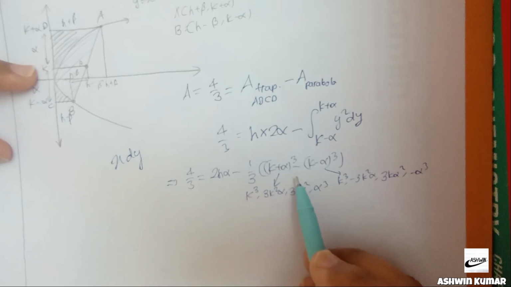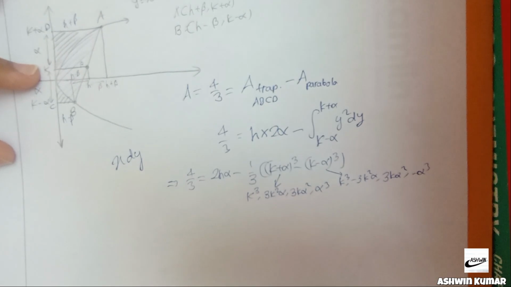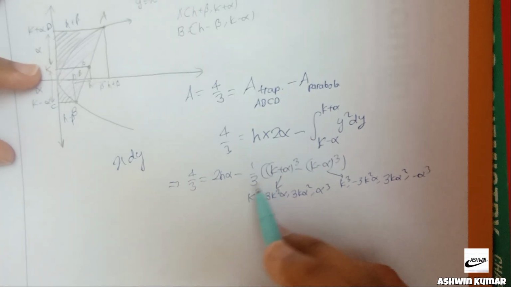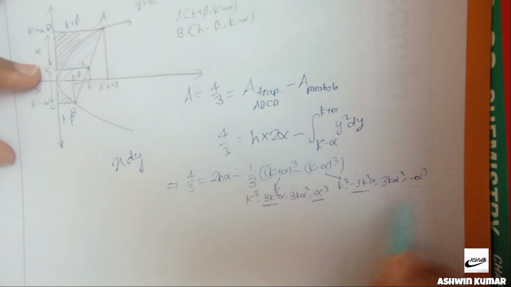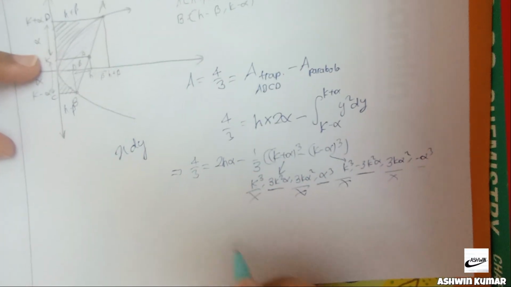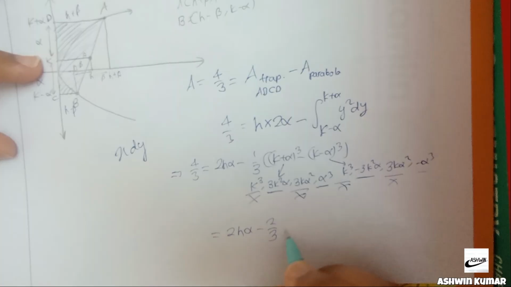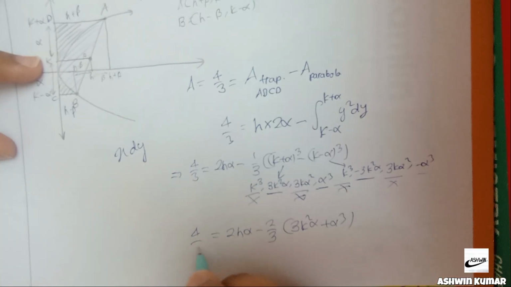Since there is a minus sign, the like terms cancel and the unlike terms add up, giving twice 3k square alpha and twice alpha cube. So I will write 2h alpha minus 2 by 3 (3k square alpha plus alpha cube), which is equal to 4 by 3.